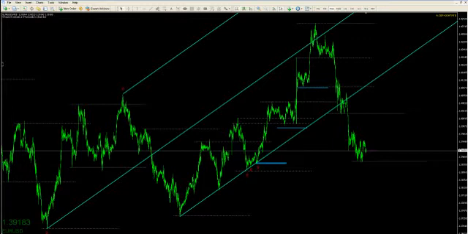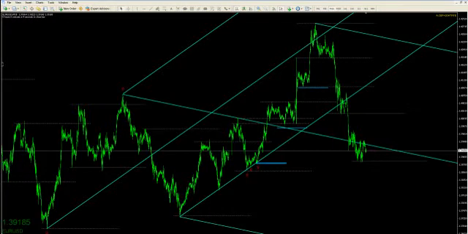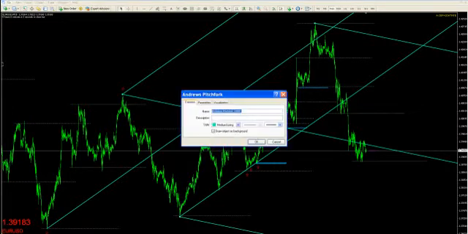So right now we're looking at a very large vertical, and what I like to do when I draw pitchforks is I take the previous points and look for new highs or new lows, and that a lot of times tells me what the price is going to do in the future.